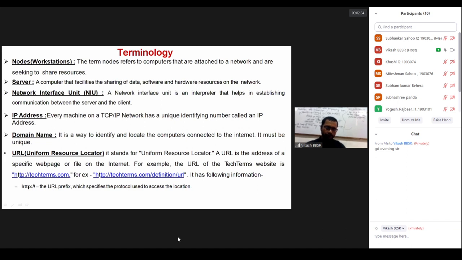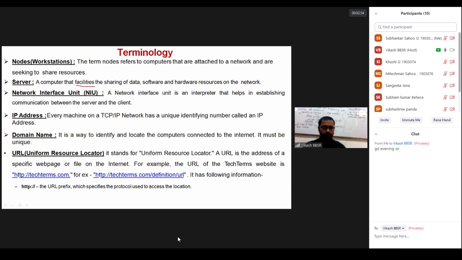The server is the one that gives the facilities of sharing the data, the software, the hardware, all the resources. Because the resource is not only the hardware, not only the software. The resource can be data, software, or hardware.